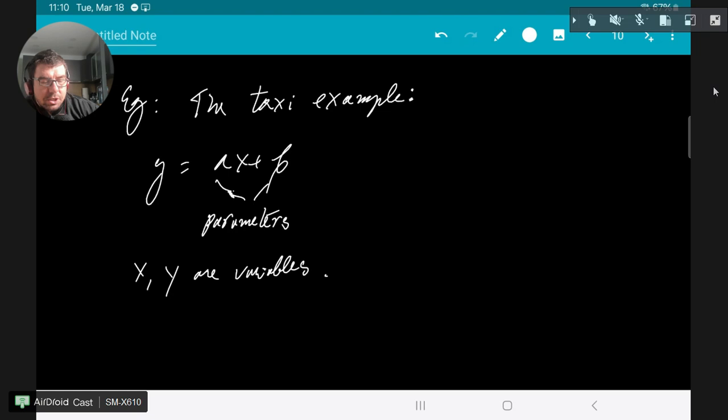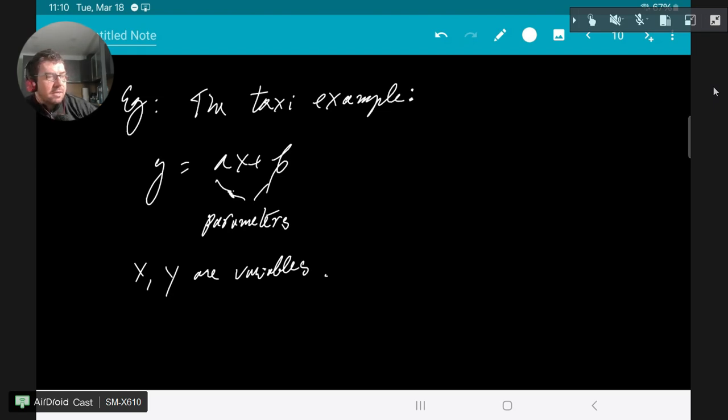But now the question is, which of the two variables will I know in advance, x or y? Do I learn the distance first and then calculate the price of the trip, or do I learn the price of the trip first and then calculate the distance to the destination? Well, obviously, I learn the distance first, right?